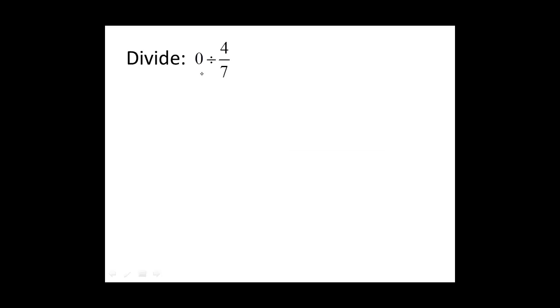Here we have 0 divided by a number. 0 divided by any number is equal to 0. Divide 1/2 divided by 0. Any number divided by 0 is undefined.